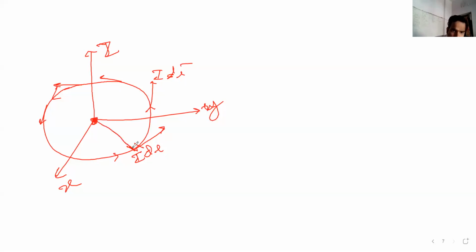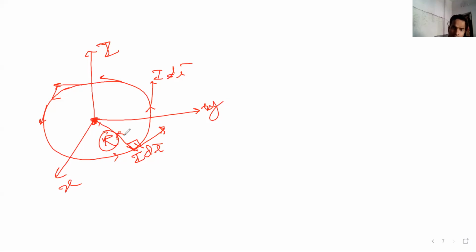So this is the direction of r cap, right? Idl bar and r cap are perpendicular. This is our r cap in this direction, because our point of interest is here.